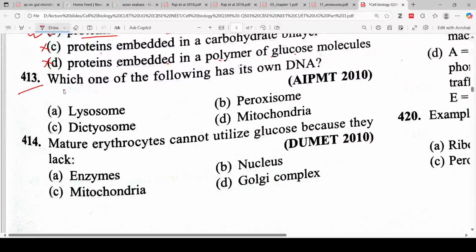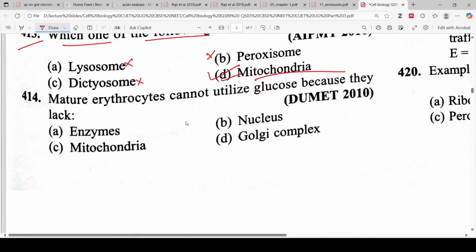Next question: which of the following has its own DNA? Lysosome doesn't have any DNA, dictyosome also doesn't have DNA, peroxisome also doesn't have DNA. So the correct answer is mitochondria, which has its own DNA. The next question: mature erythrocytes cannot utilize glucose because they lack enzyme, mitochondria, nucleus, or Golgi complex.